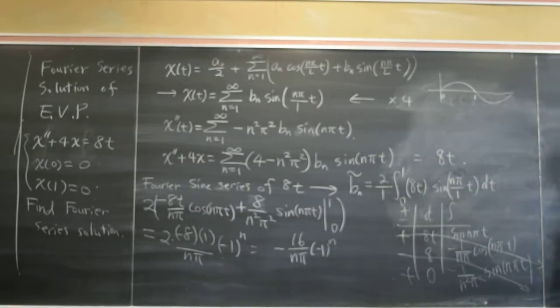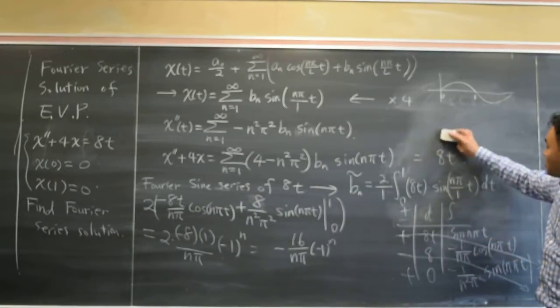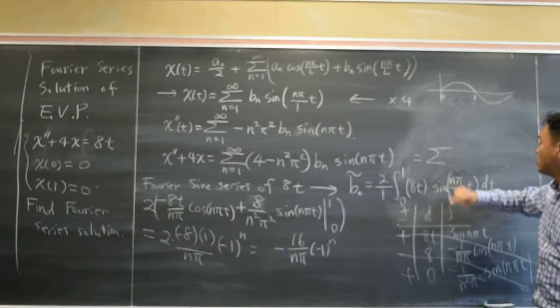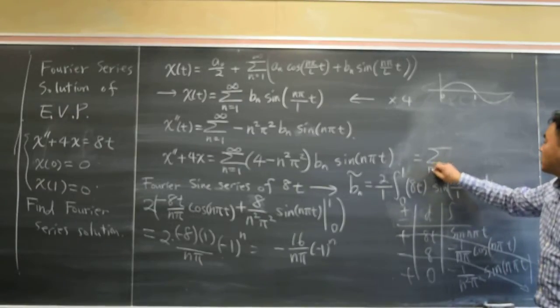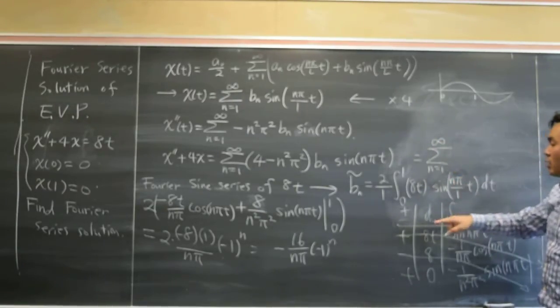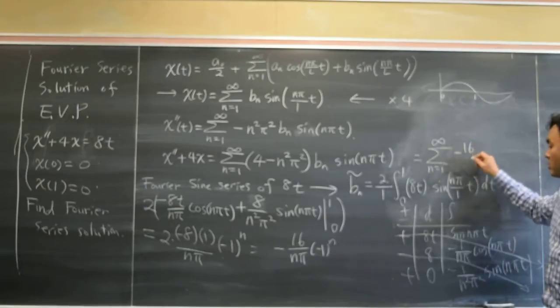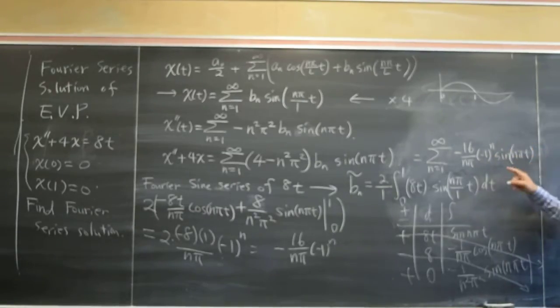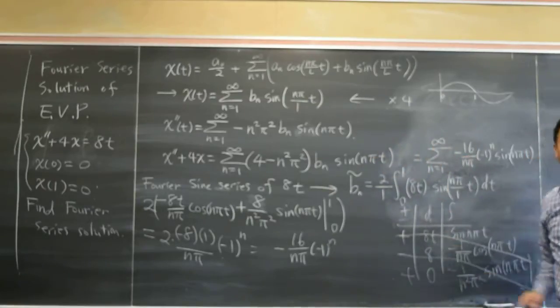Now, what does this mean? This means that the Fourier sine series of 8t is now equal to sigma n from 1 through infinity of that thing, negative 16 over n pi, negative 1 to the nth power, sine n pi t. And then you can compare both sides and conclude something, right?